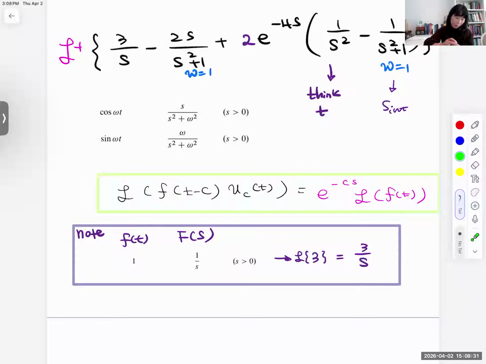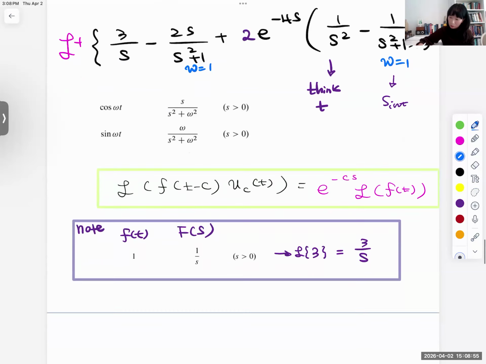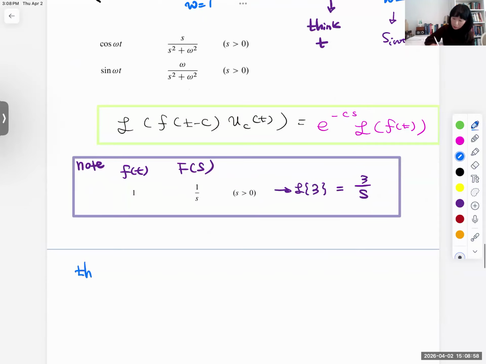Okay, so let me write down this one first. So u of 4 over t minus 4 is the same as u of t minus 4.